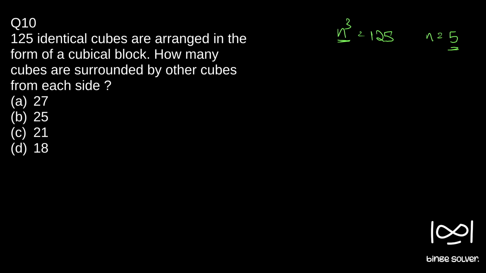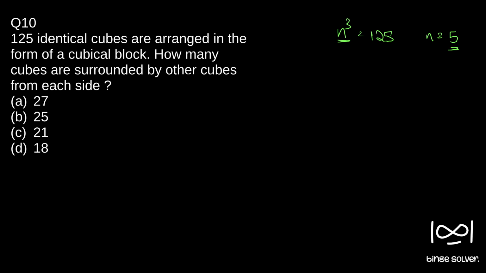When a cube of length 5 is built like that, with each side split into 5, we get 125 smaller cubes. So we have n equal to 5, and the question asks how many cubes are surrounded by other cubes from each side.